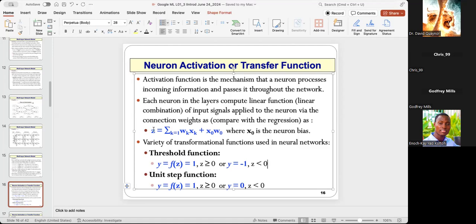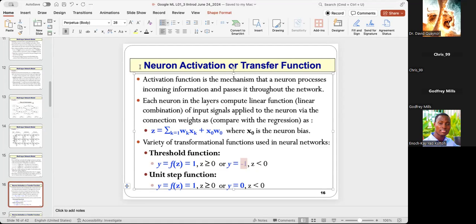Regardless of whatever this size is, the moment Z is greater than or equal to 0, then the output will be 1. The moment Z is less than 0, then the output will be either 0 or -1, depending on what type of function we are looking for.